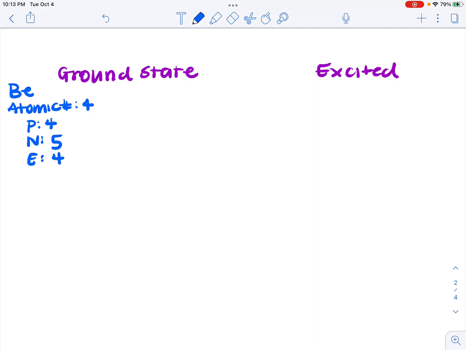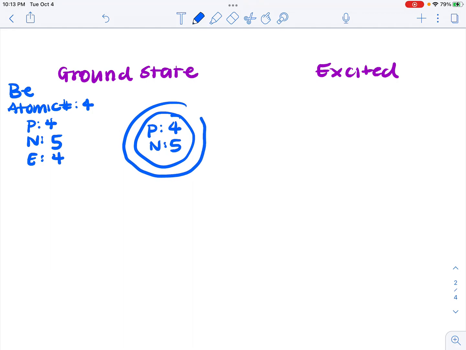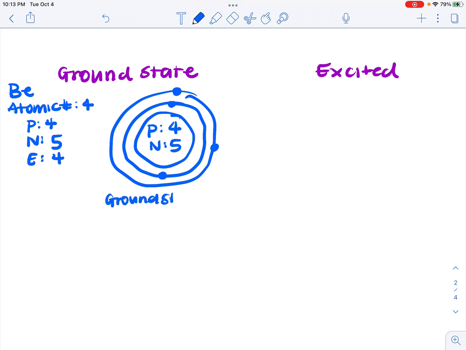And in this case, it has 4 electrons. So if we draw the ground state for beryllium, we have 4 and 5. That's our nucleus. Let's draw our first energy level and our second energy level. This is what the ground state of beryllium looks like.